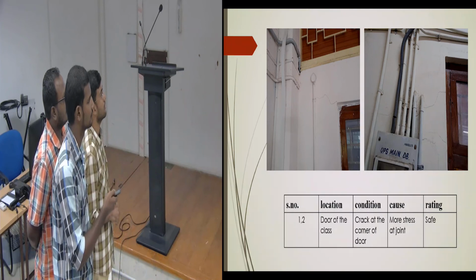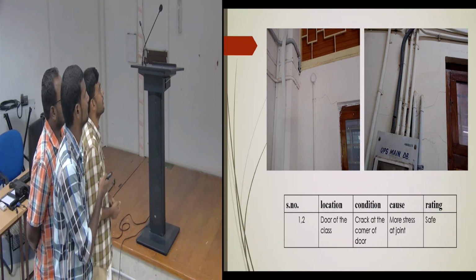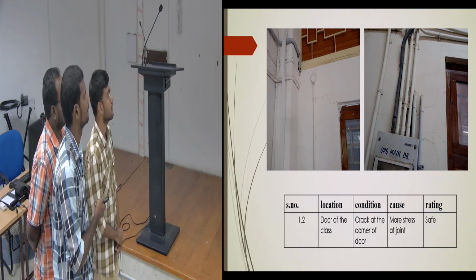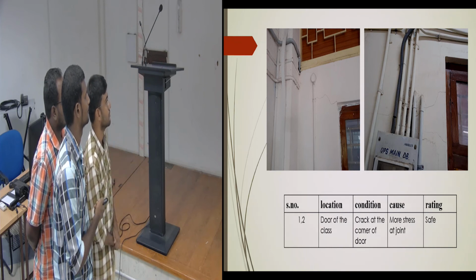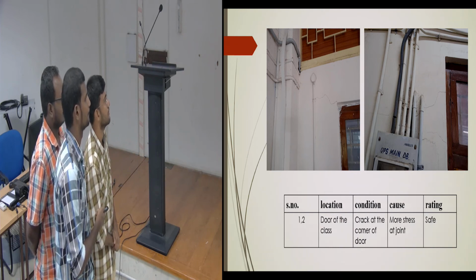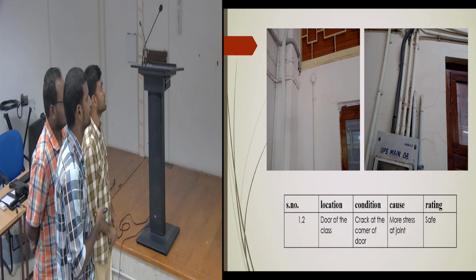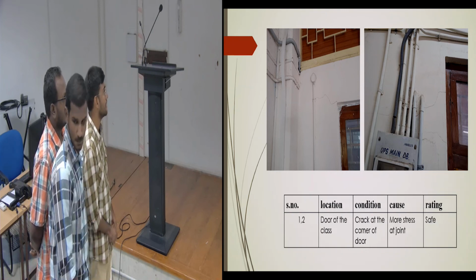Whatever our observation was, the crack is this. This is the outer view of this door frame. This is the other view. You should get the crack here, but it is not. Only one side is there. It is not a structural crack.